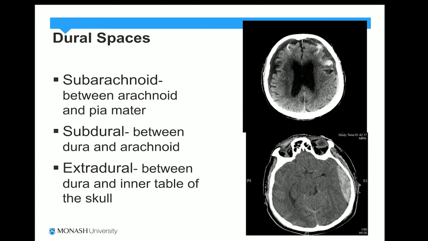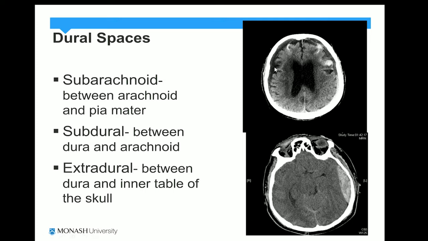So the meningeal spaces involve the subarachnoid space, which is the space between the arachnoid and the pia mater. The subdural space is the space between the dura and the arachnoid mater, and the extradural is the space between the dura and the inner table of the skull. So if we look at the case at the top, we can see that we have a subdural.